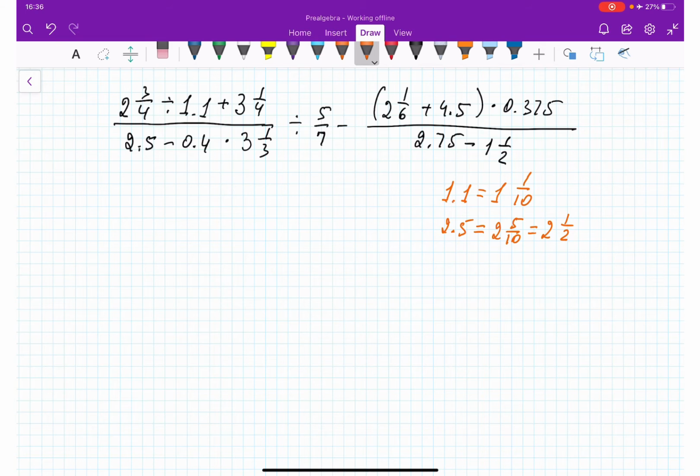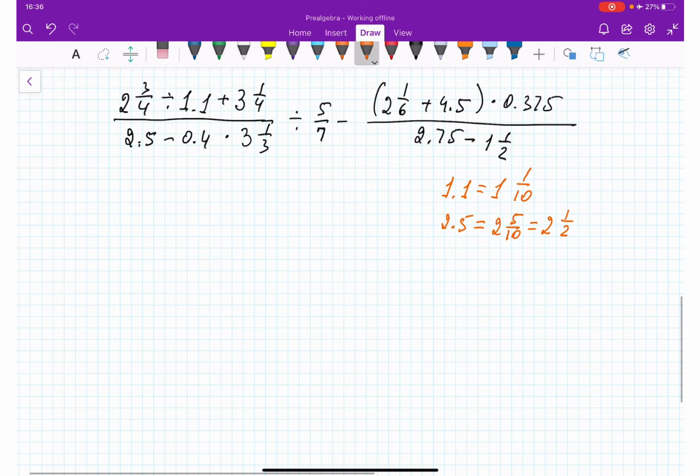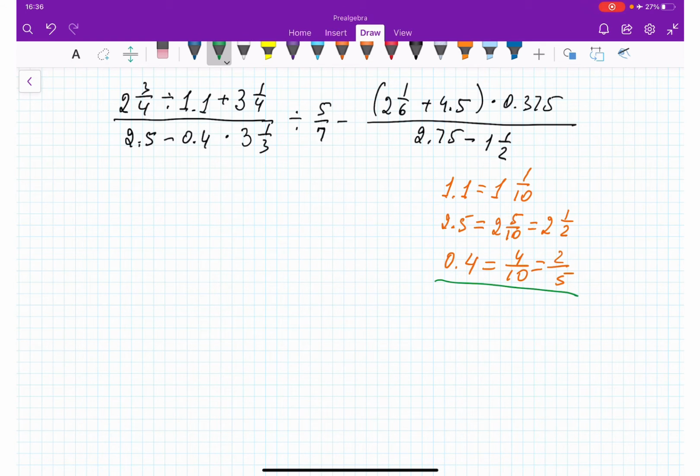When we need it, we can always convert into mixed fraction. Next, 0.4, it's equal to 4/10, which is equal to 2/5. Now, this is the first part. Let me mark down this piece, I1.